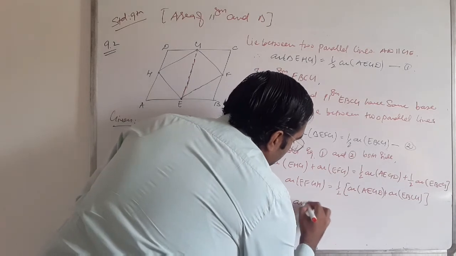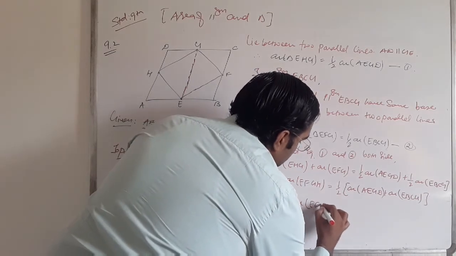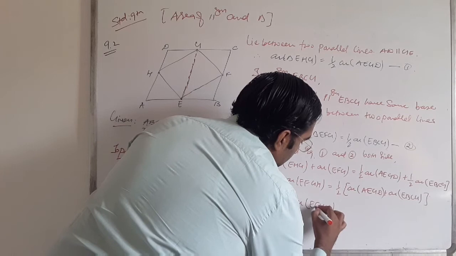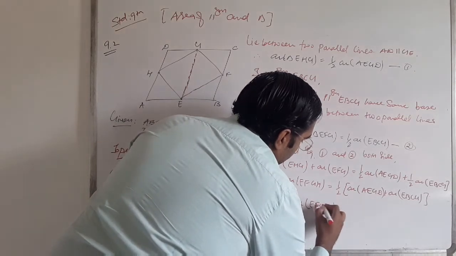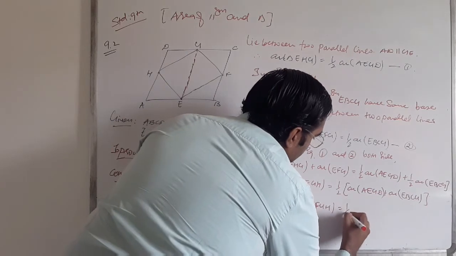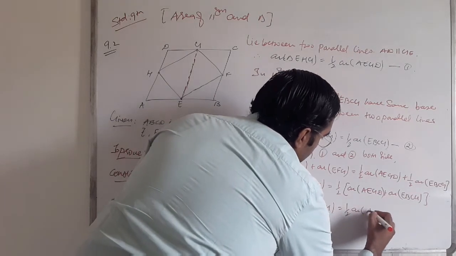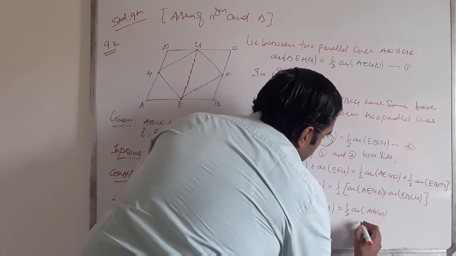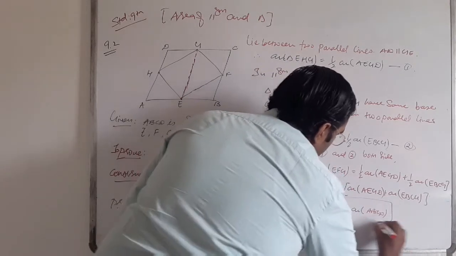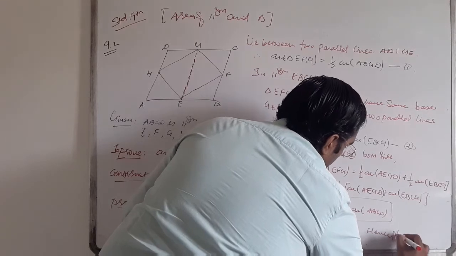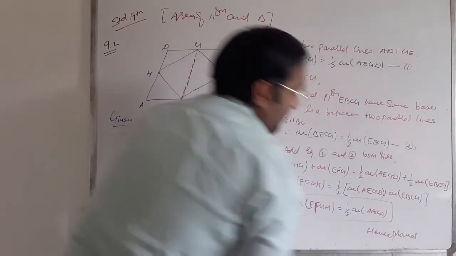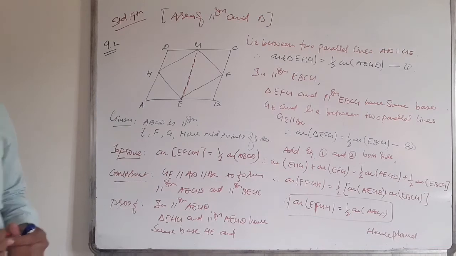So therefore area of EFGH is equal to half of area of ABCD. Hence proved. Clear? Please note down.